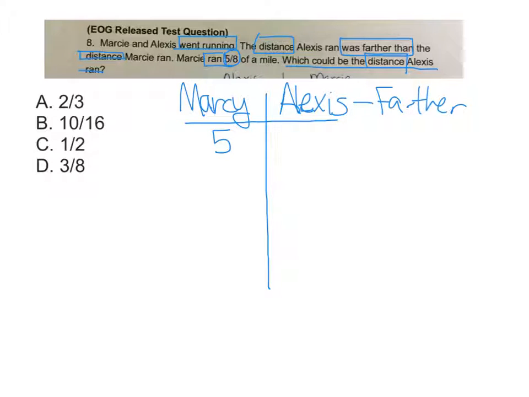And Marcy ran five-eighths of a mile. So these answer choices over here need to be farther than 5/8.